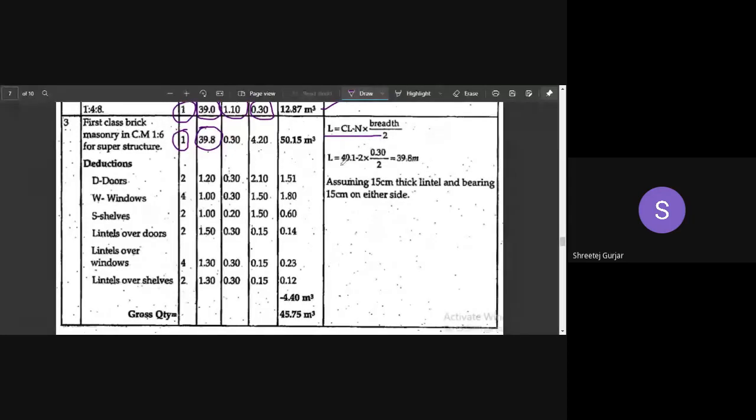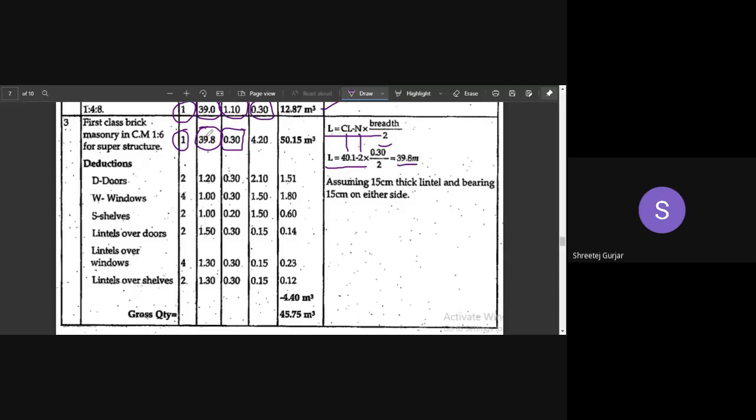So length will be equal to CL, 40.1, minus N, 2 junctions, into the width of my wall. How much is the width of my wall? The thickness of my wall is 0.3. So 0.3 divided by 2, calculating, we get 39.8.